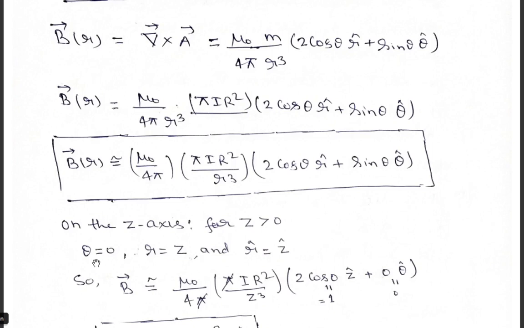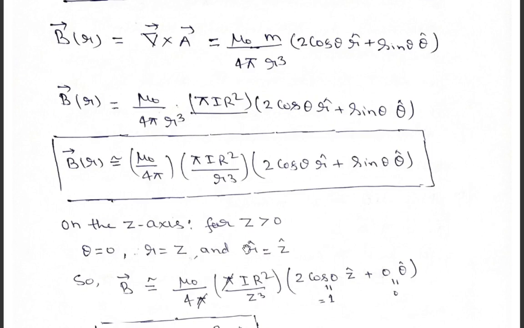Obviously this r will be equal to z now, and r unit vector will be z unit vector in this formula. If you substitute, r unit vector becomes z unit vector, θ becomes 0, and r becomes equal to z.